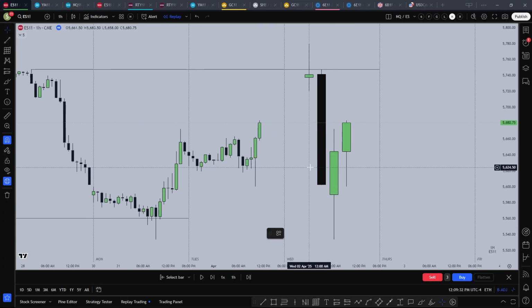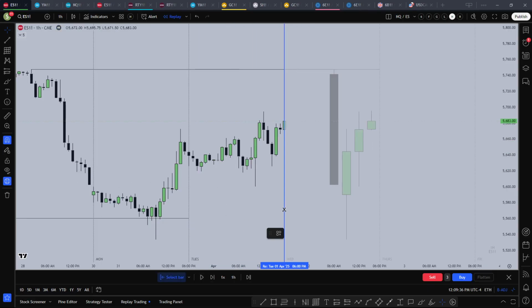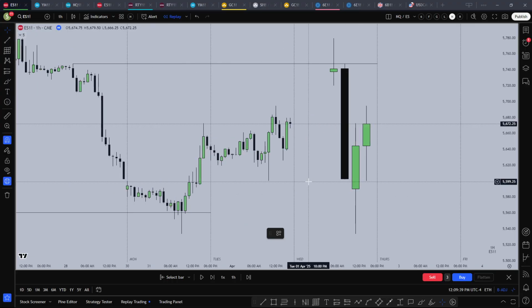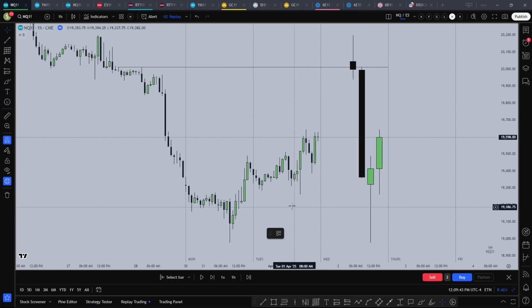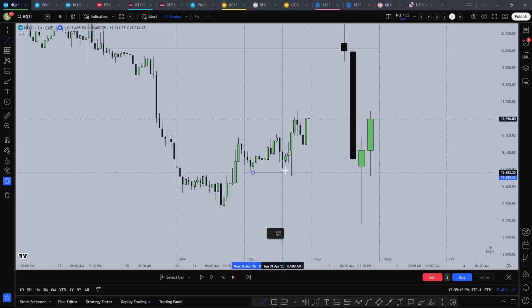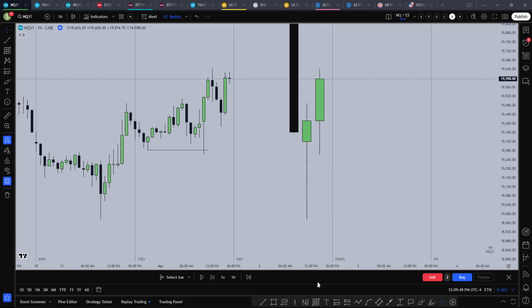ES and NQ. What about NQ? Established low below low of the day. Intermediate time frame profiling. Price respecting the EQ of previous day's range.